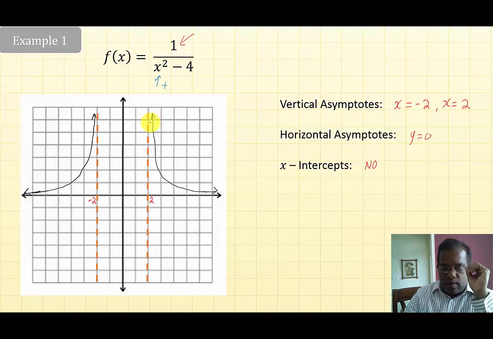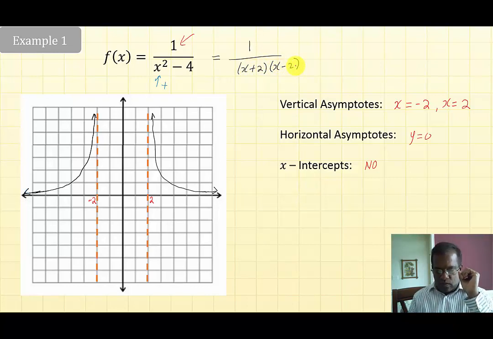Now what about from -2 to 2? Now let me write this one. That part is a little difficult to understand, so let's try to factor this. x squared minus 4 is actually x plus 2 times x minus 2. Now, just after -2, a value after -2, say we are going to use x equals -1.9.